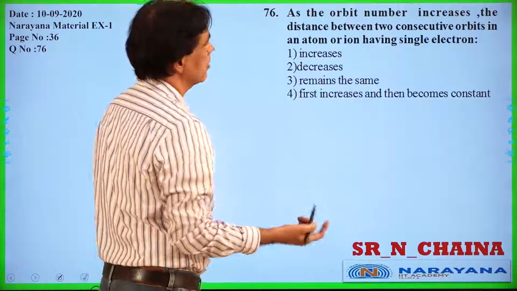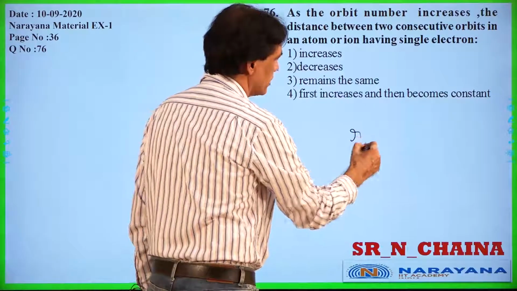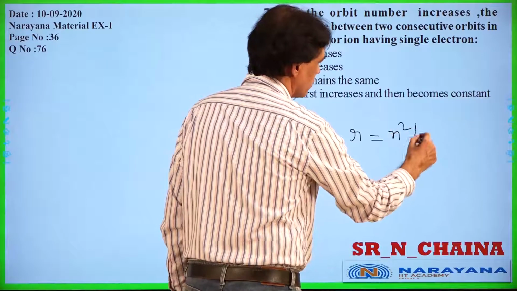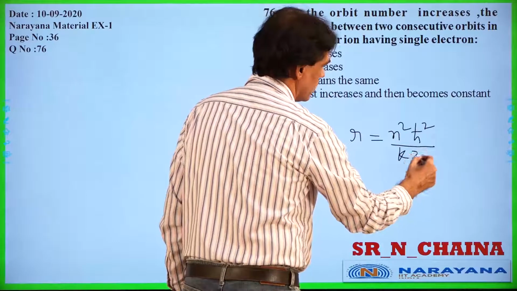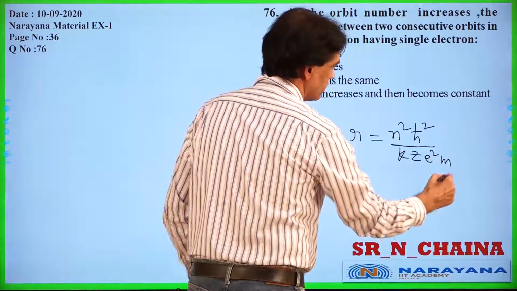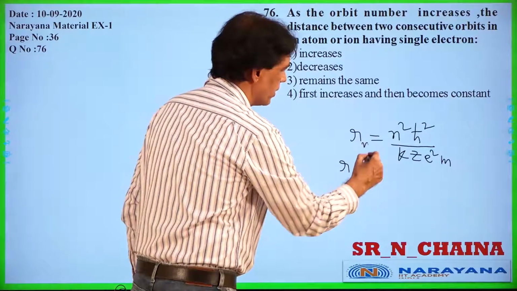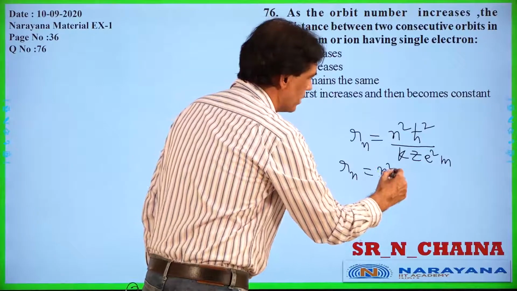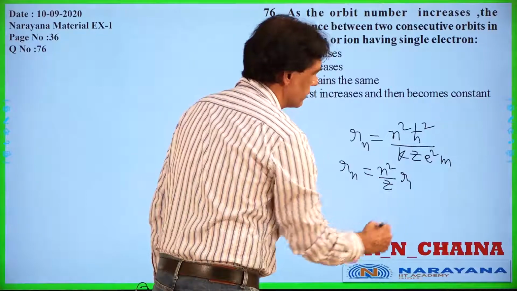Here what is increasing? Orbit number is increasing. Now generally the formula for the radius of orbit is n square h cross square by k z e square m. This is actually for the nth orbit radius. So Rn equal to n square by z into R1, right?